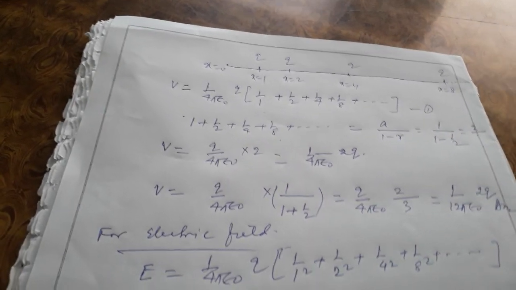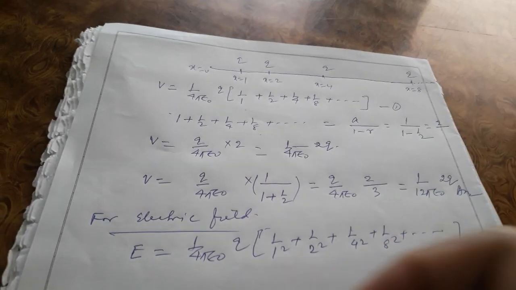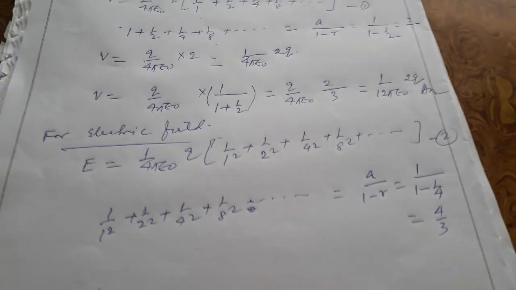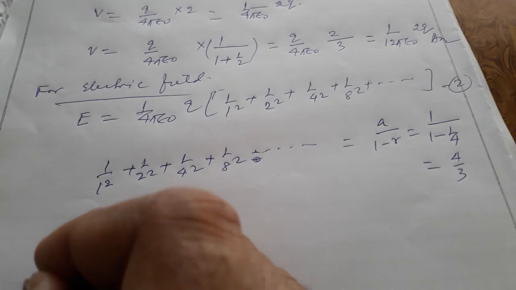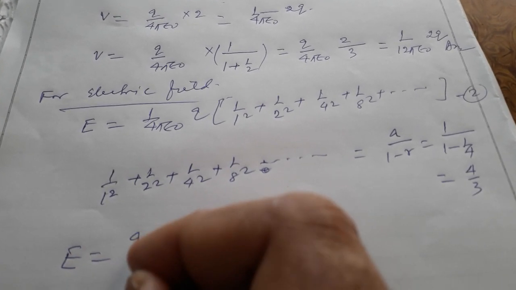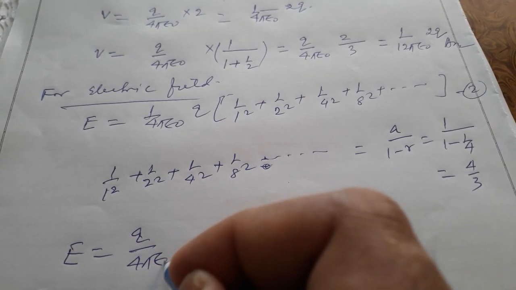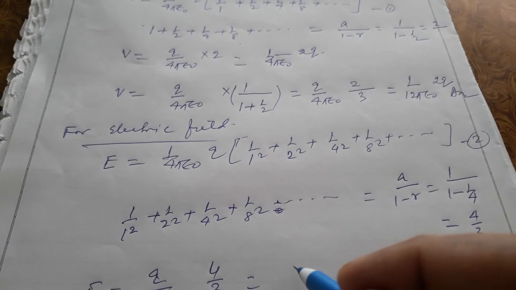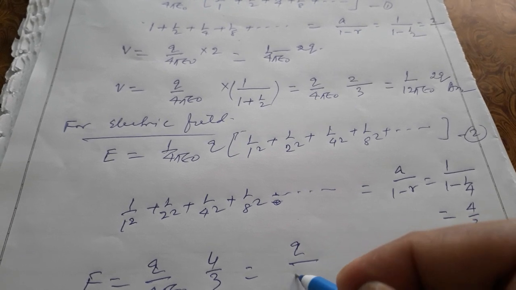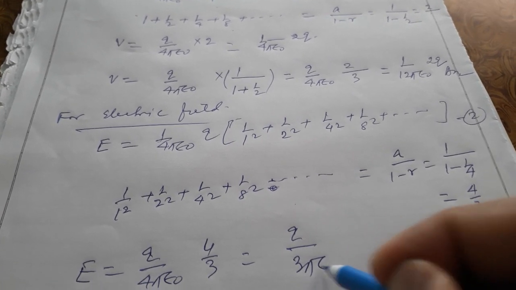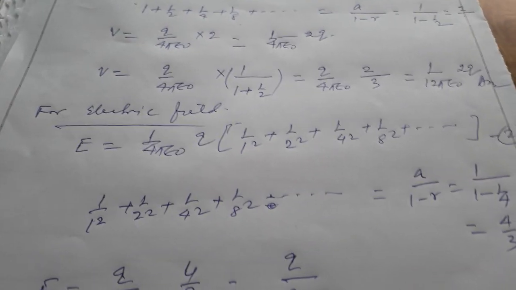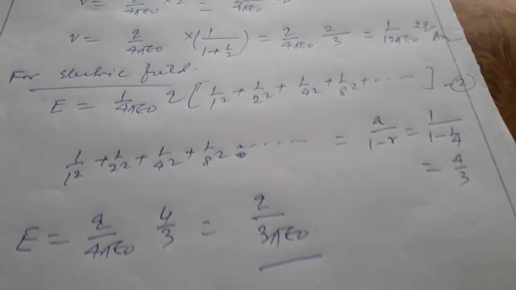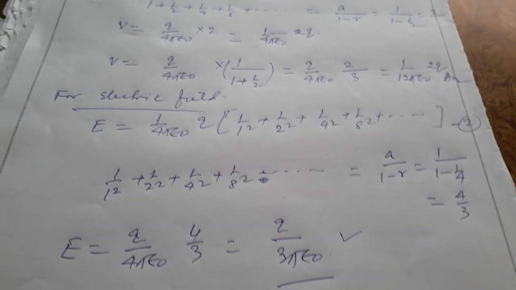Putting the value of this series in equation 2, E equal to Q by 4 pi epsilon naught into 4 by 3 equal to Q by 3 pi epsilon naught. This is your answer.